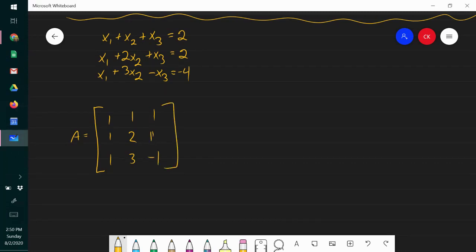And then we get the matrix B1 we'll take. And again, we get that by replacing the x1 column with our solutions 2, 2, and negative 4. So we'll plug that in, and I'll do a different color here so we remember these are coming from a different place. But the rest of the matrix stays the same.